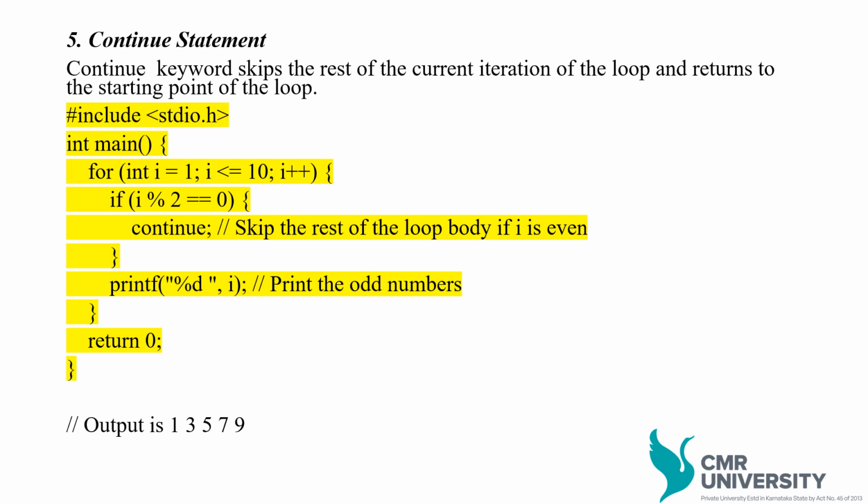So here it skips the rest of the loop body if i is even, otherwise the program will be continuing. If i is even, it will be skipping. If i is not even, it will continue the program until 10.